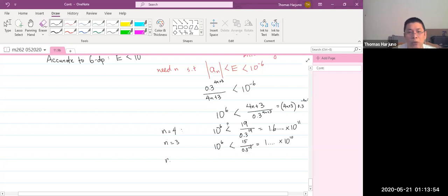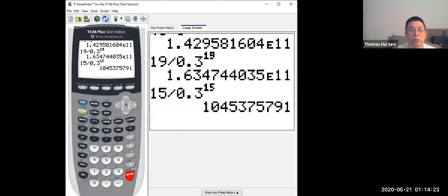Let's say n equals 2. So is 10 to the 6 less than, with n equals 2, that will be 11 over 0.3 to the 11?